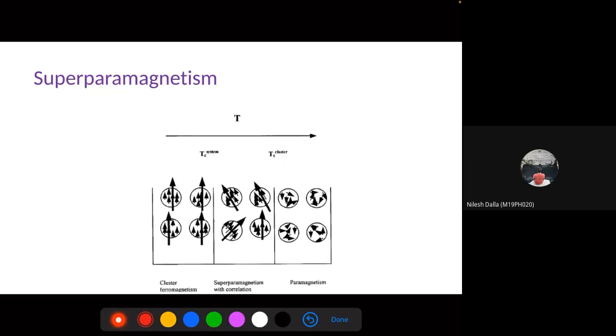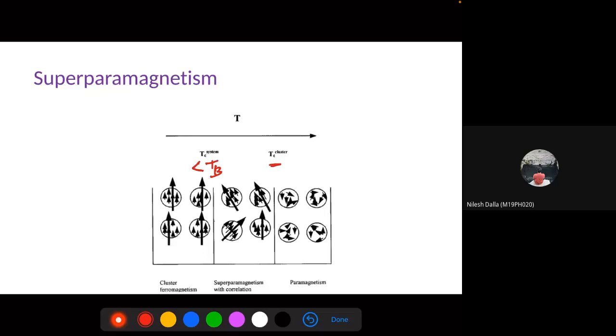So between TB and TC they are still in a ferromagnetic state, but fluctuating. Below the blocking temperature they are frozen, so they behave almost like a ferromagnetic material, and you will observe a hysteresis.